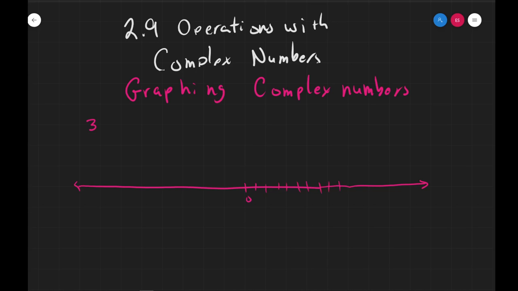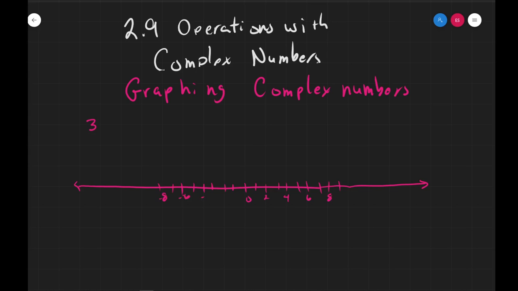Okay? And then we also have negative numbers: -1, -2, -3, -4, -5, -6, -7, -8.